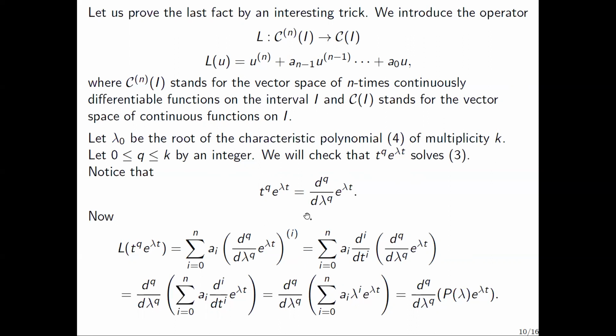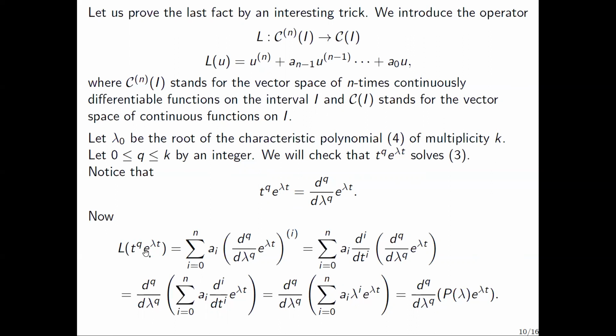So here we can notice that t to q times e to lambda t is in fact the qth derivative of e to lambda t, because when we take the first derivative, we get t times e to lambda t. When we take another derivative, we get t squared times e to lambda t, and so on.